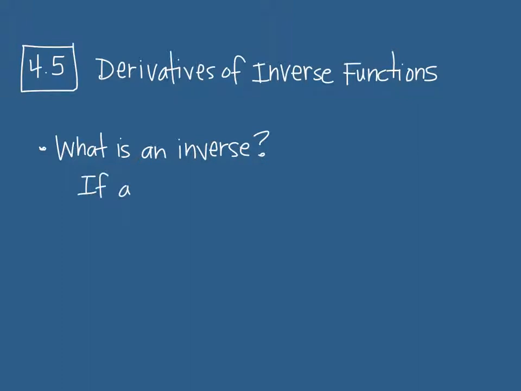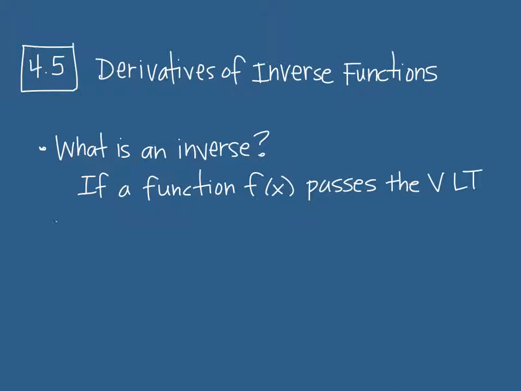If a function, f of x, passes both tests, if it passes the test to be a function, which is the VLT, the vertical line test, and it also passes the additional test of the horizontal line test, then we say that f of x is called a one-to-one function.